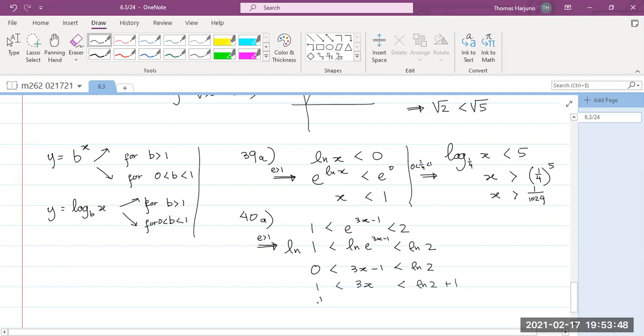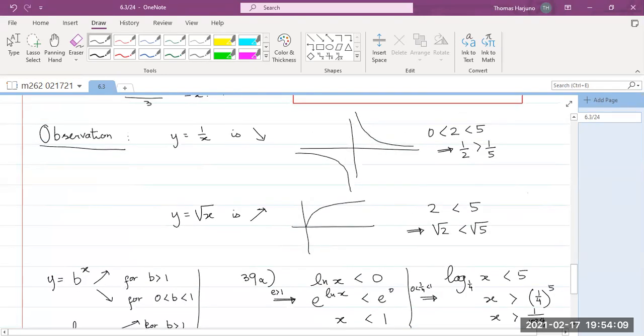And then we divide by 3. I cannot teach this increasing, decreasing idea to anything less than pre-calculus because students in algebra level don't have that foundation. Now, you already have this foundation, so I hope you understand why this is true.